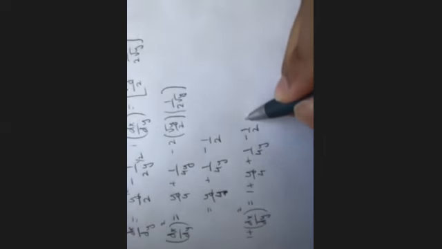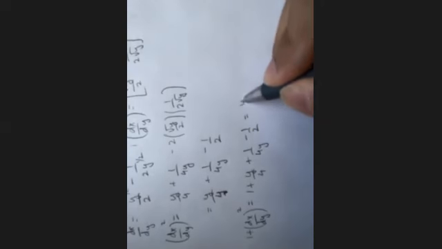You can subtract half from 1. Now if you observe, this is same as radical y over 2 squared.